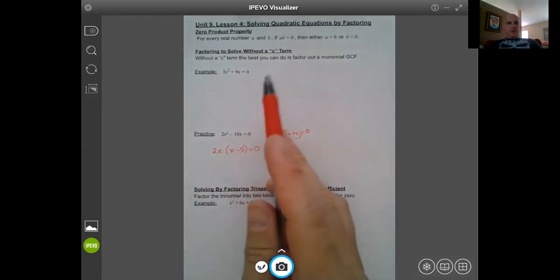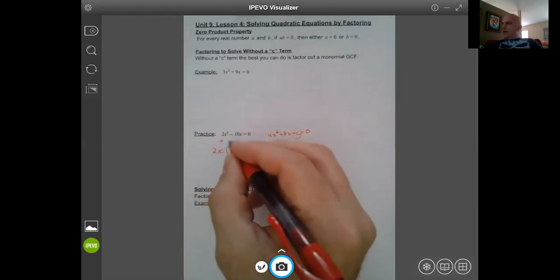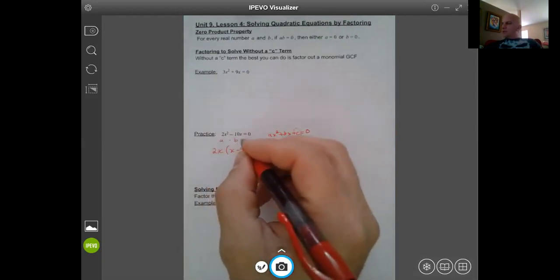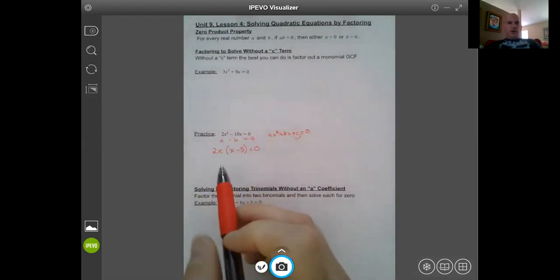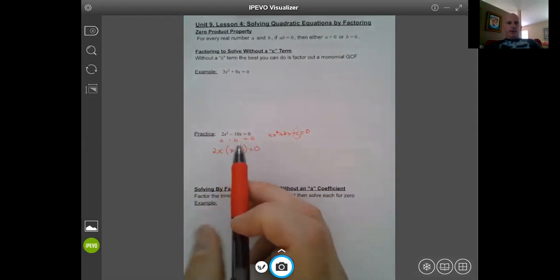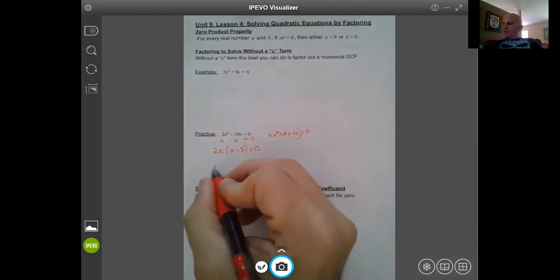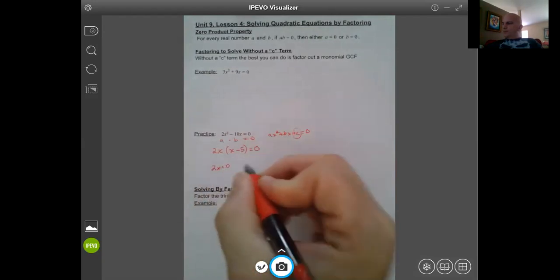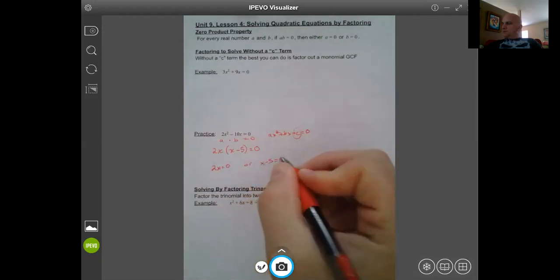Going back to our zero product property, if we think of this as A and this as B, and we're multiplying those things together to equal 0, that means one of these two factors, either 2x or x minus 5, equals 0. So we're just going to separate this up and say that 2x could equal 0 or x minus 5 will equal 0.